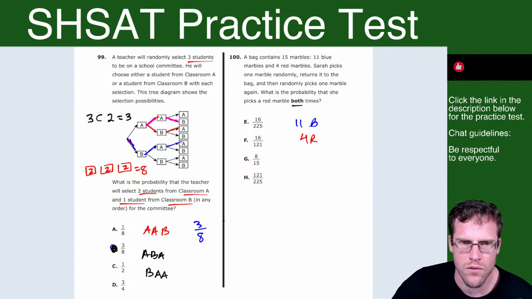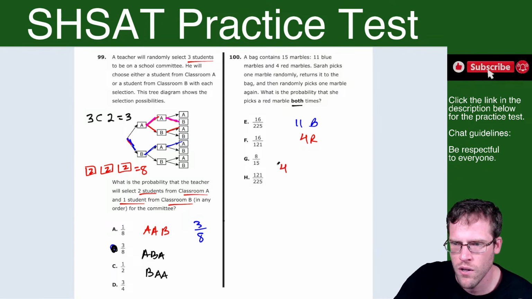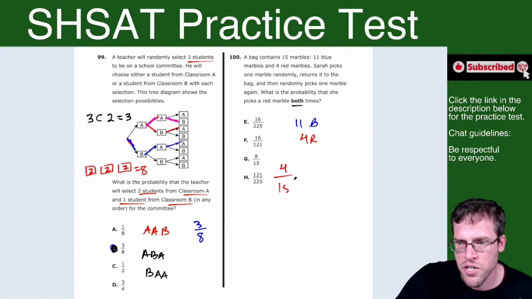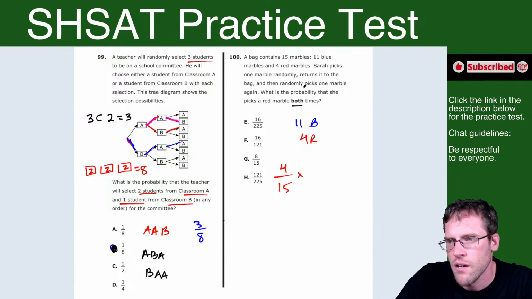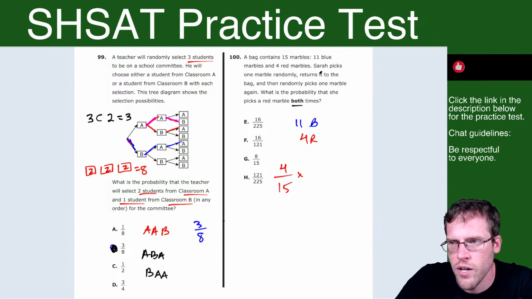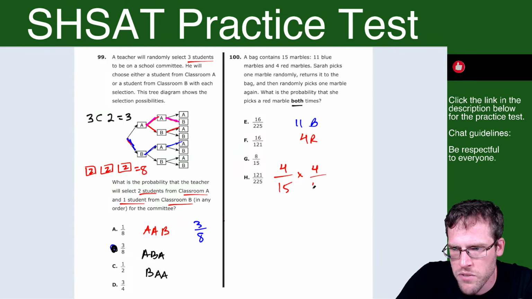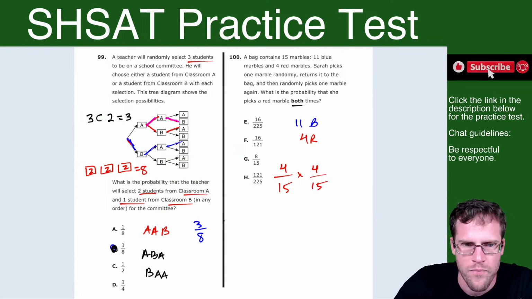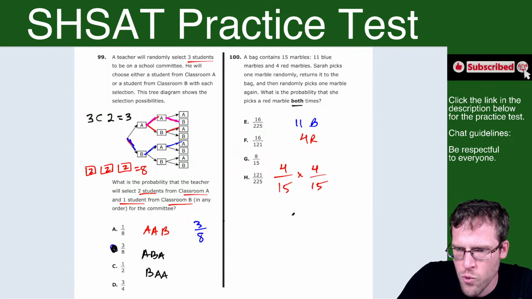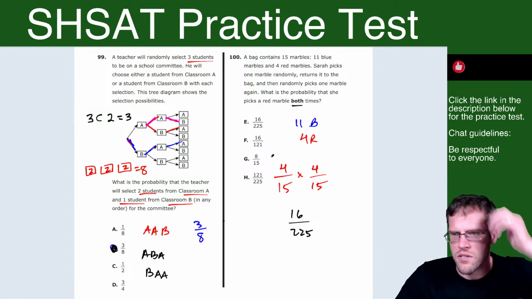A red marble has a 4 out of 15 chance, but she returns it to the bag. The probability of getting red is 4 out of 15. But what's the probability that she picks the red marble both times? Well, then you have to multiply by another 4 out of 15. So 4 times 4 is 16. 15 times 15 is 225. So 16 out of 225.